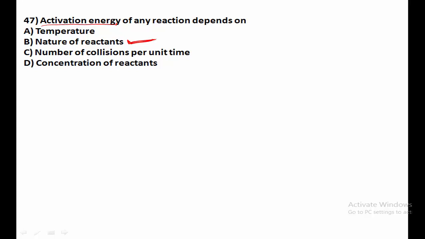Based on the nature of reactants, we will increase or decrease the temperature, we will supply the energy, and based on that collisions will take place. The concentration of reactant also affects the rate of reaction, but activation energy is purely dependent on the nature of reactants. Based on that, we need to supply the activation energy. Therefore, option B is the correct answer.